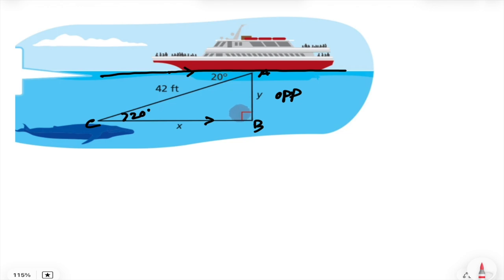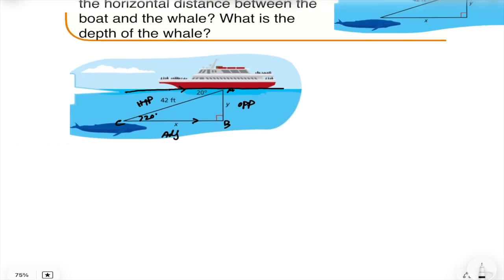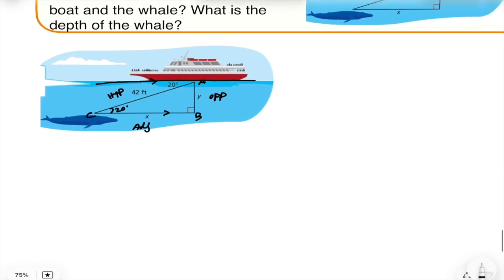It is the 90 degree symbol. That means the opposite side of the 90 degree symbol is this one. It is the hypotenuse. And the rest is adjacent. So we have to find out the y and the x.